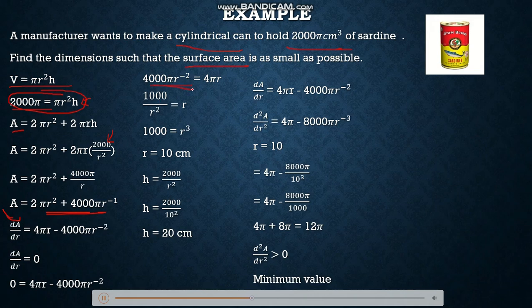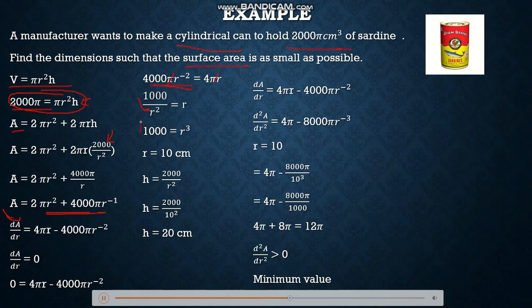And then we rearrange it: 4000 pi r to the power of -2 is equal to 4 pi r. 4000 divided by 4 is equal to 1000. Pi we cancel out, and the r we move back, so 1000 is equal to r to the power of 3.